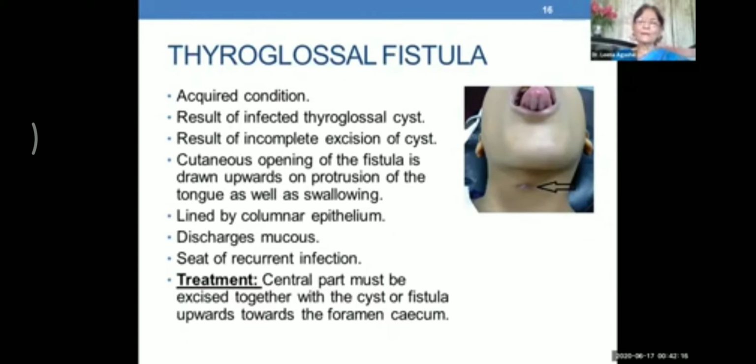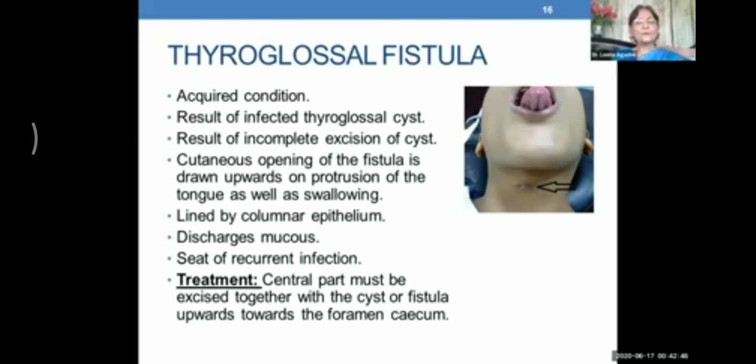When the thyroglossal cyst is incompletely excised, that will leave behind the thyroglossal fistula. An infected thyroglossal cyst, if it bursts on its own, can leave behind the thyroglossal fistula. So this is an acquired condition. It is a result of an infected thyroglossal cyst, a result of incomplete excision of the cyst, and a cutaneous opening, which you can see in the neck.